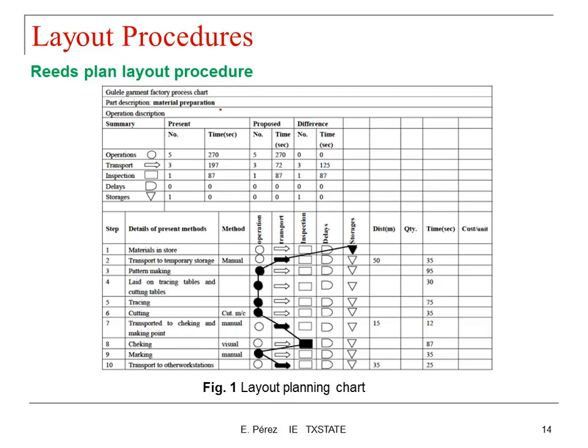And based on that, you come up with the process for producing your product. Also, you have more information about distance for transportation, the time it takes to complete an operation or transportation step, and so on. So for Reed's methodology, this layout planning chart is essential.